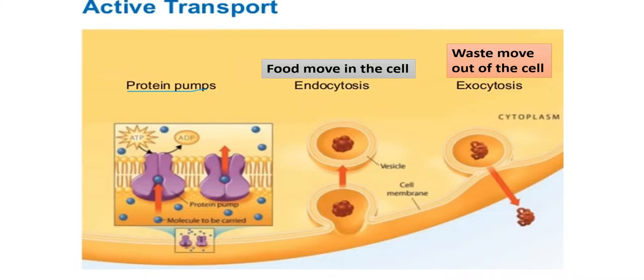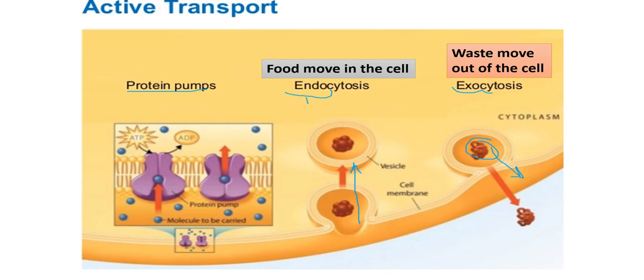This process is called endocytosis, when food molecules move inside. And the other process which also uses active transport is called exocytosis. Exo means we're moving something outside, and this is an example of when cells produce waste products and they need to move out of the cell, and we need an ATP molecule for both endocytosis and exocytosis.